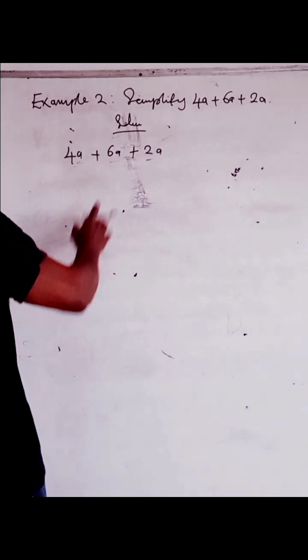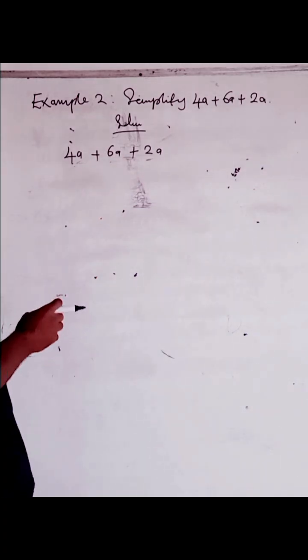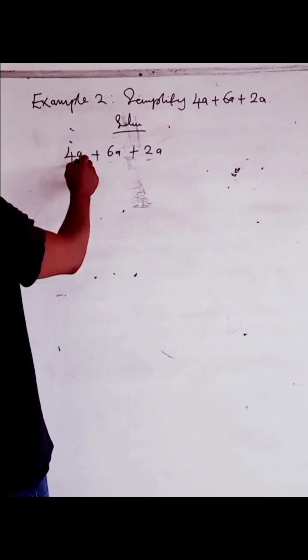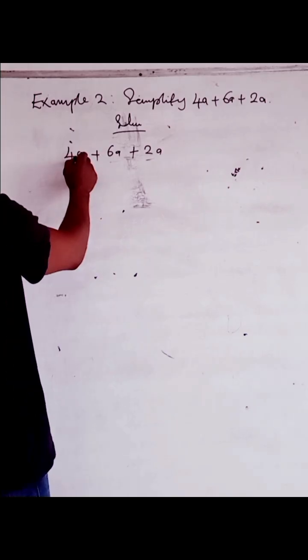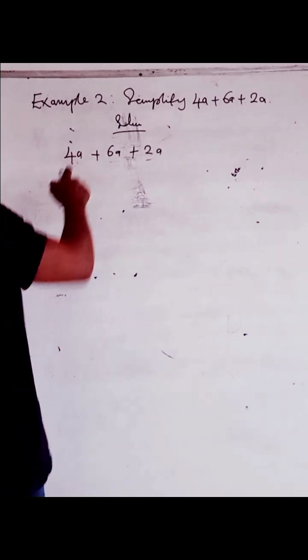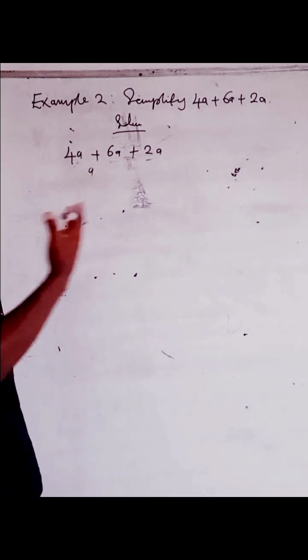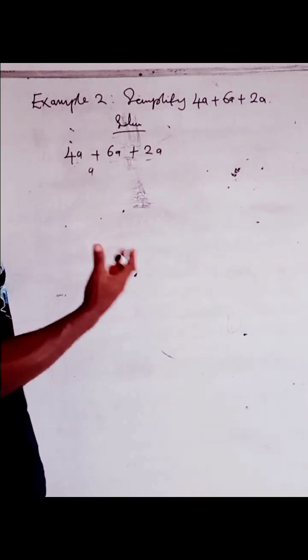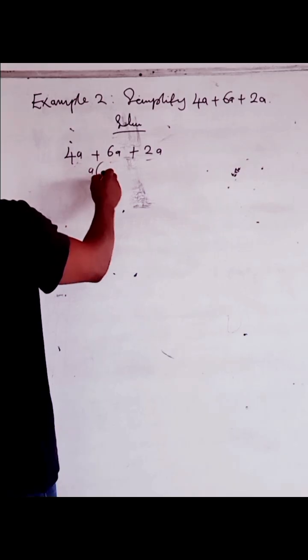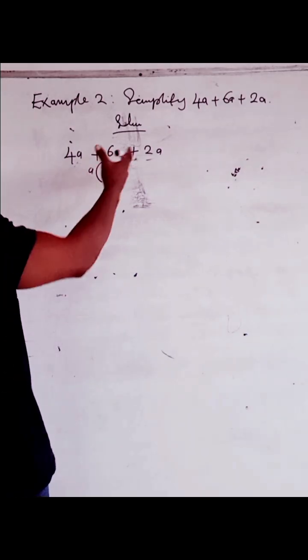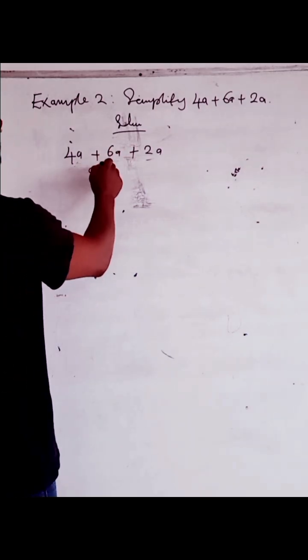And we know that when you are adding like terms together, it is not possible for you to add the variable letters. So what you do, you take a common letter, which is a like term, and then put the coefficients, in this case, inside the bracket.